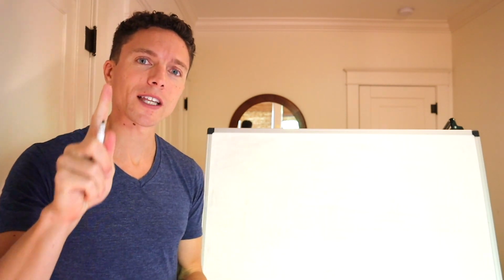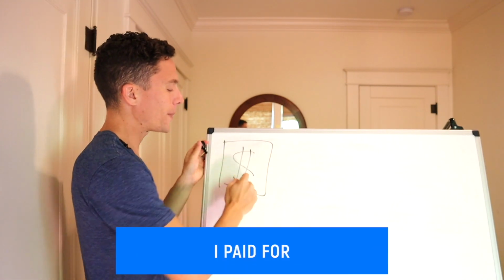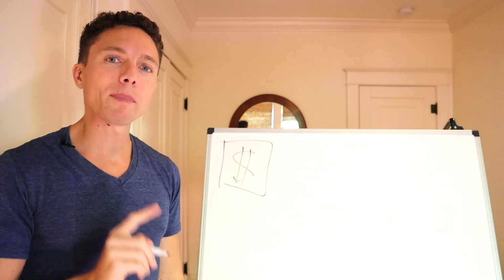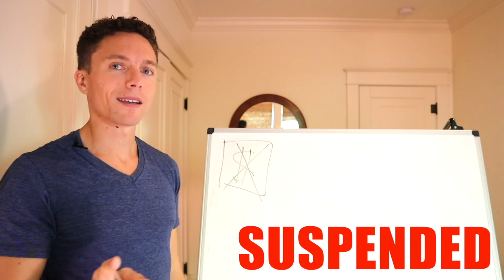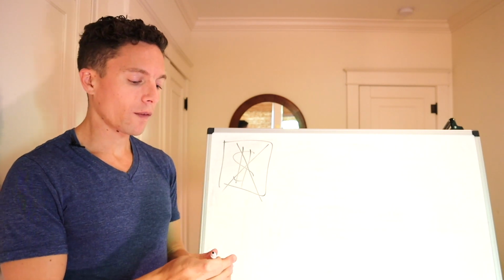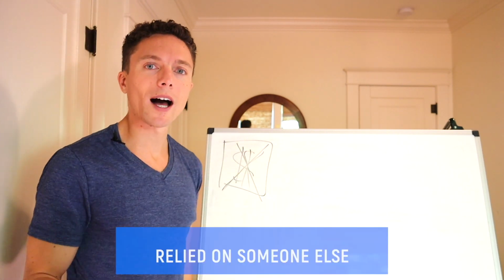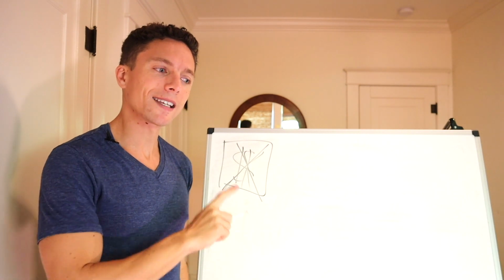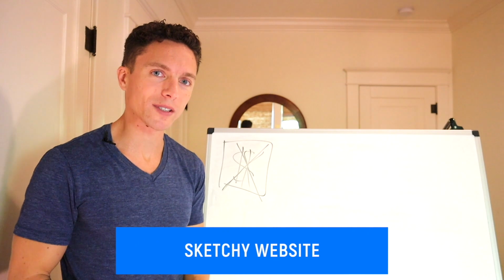So the very first stealth account that I had was actually one that I paid for. And what happened with that account was that it very quickly got suspended, and I was unable to get it reinstated. So the first mistake that I made here was that I just completely relied on someone else, and I used what was probably a little bit of a sketchy website.